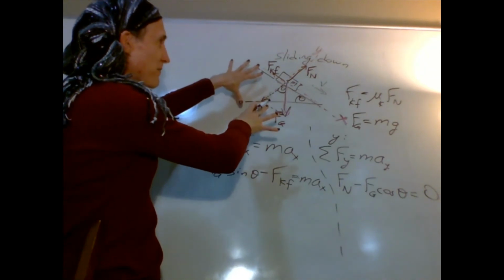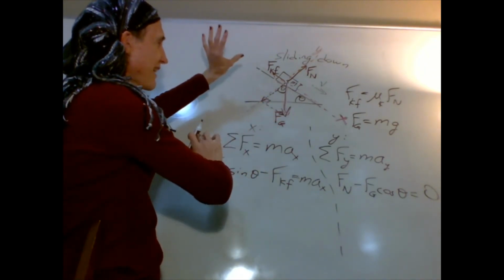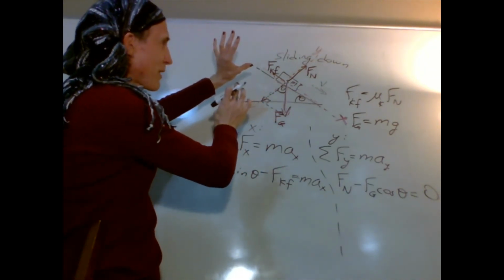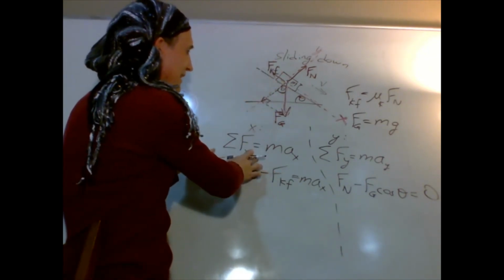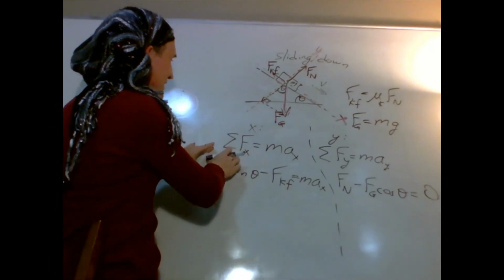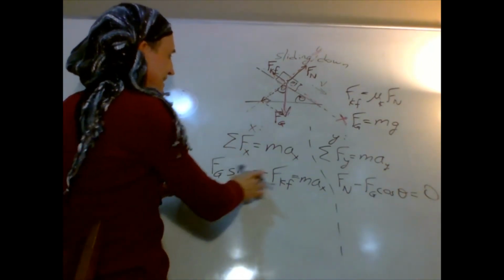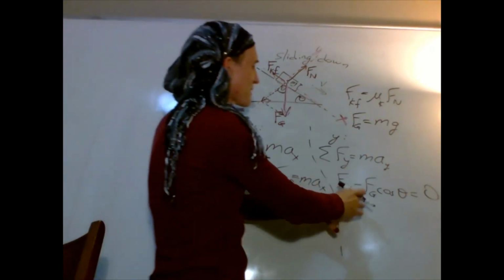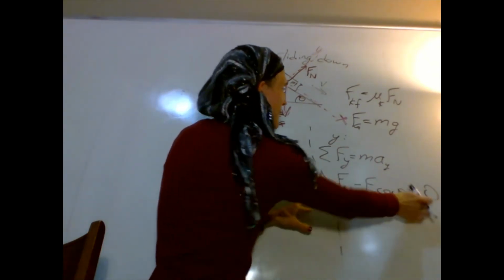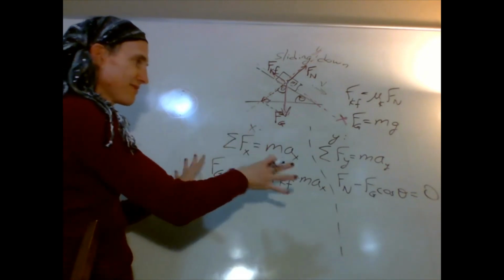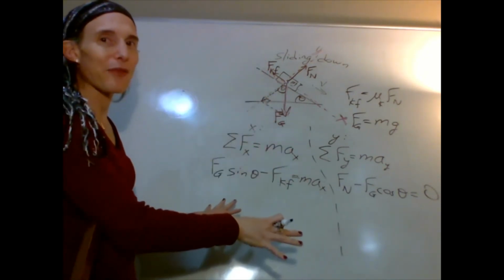We made our diagram, and then we used what we knew from this situation with the coordinate system to write down Newton's second law in each direction. We just added up all the forces in the plus x and minus x directions, all the forces in the plus y and minus y directions, and whatever we know about the accelerations. And there it is. Then the rest is math.